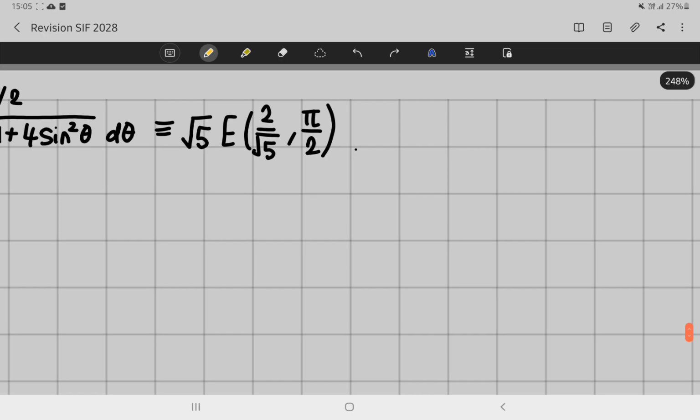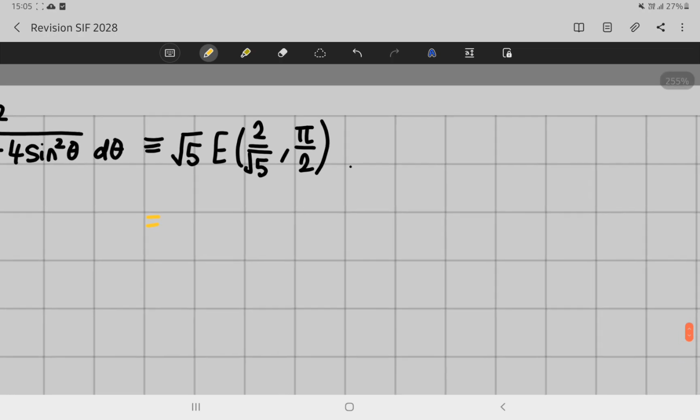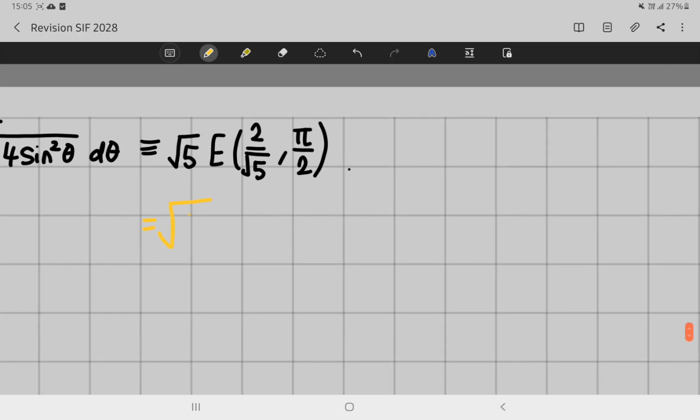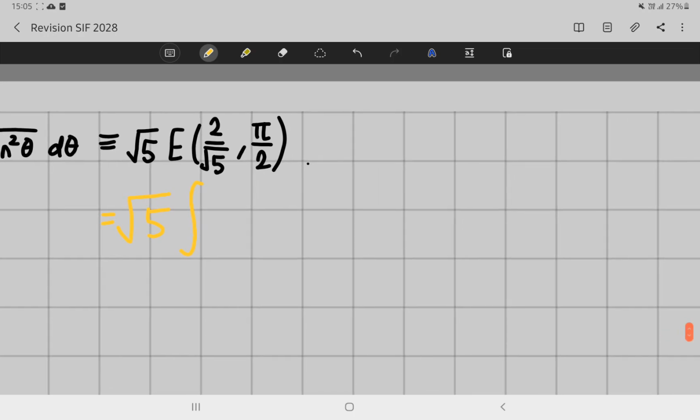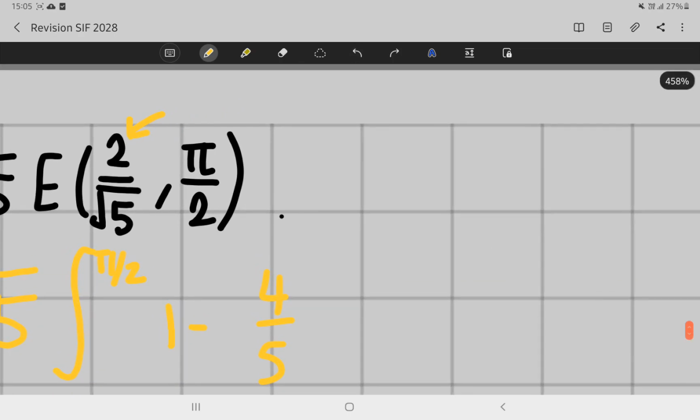The right hand side is square root 5 times the integration from 0 to pi over 2 of square root of 1 minus 4 over 5 sine square theta d theta, because this is the value of k, and this is phi.